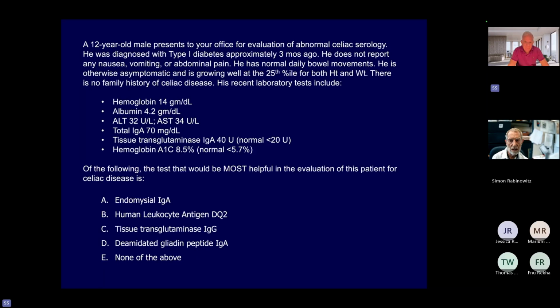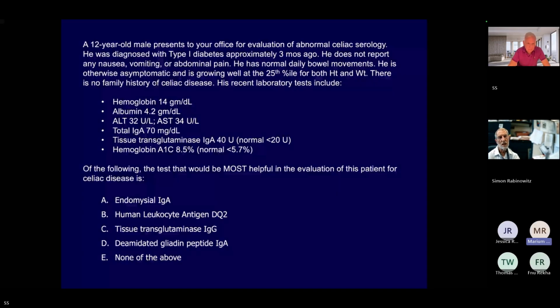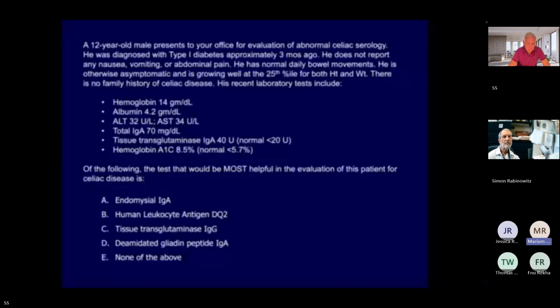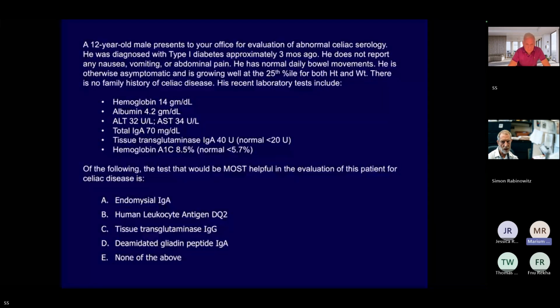He's otherwise normal for both height and weight. There is no family history of celiac disease. His recent laboratory tests include hemoglobin 14, albumin 4.2, ALT 32, AST 34, total IgA 70, tissue transglutaminase.